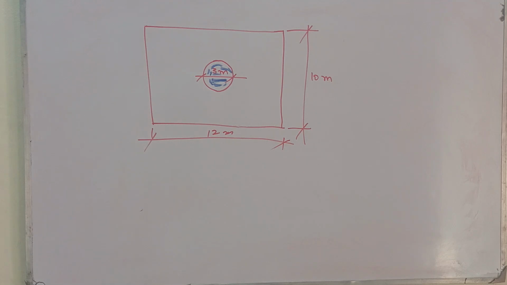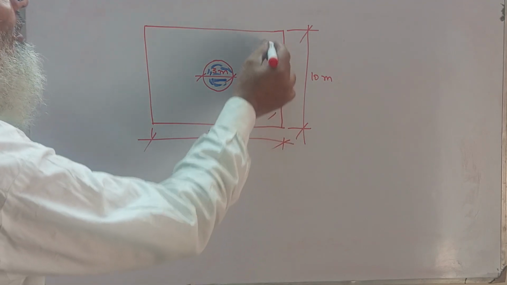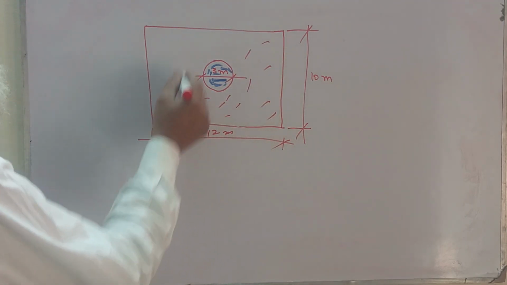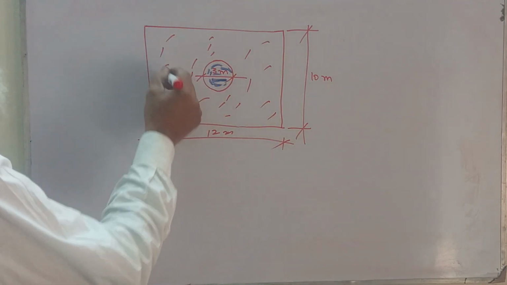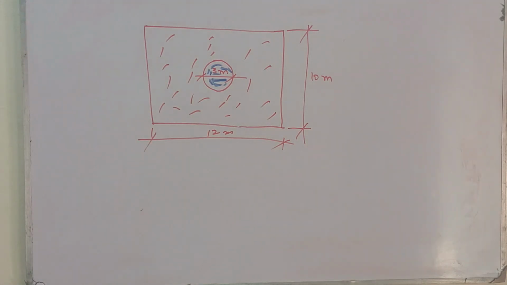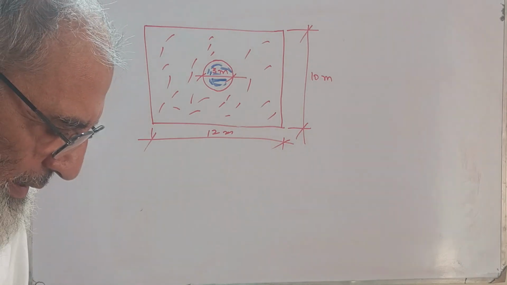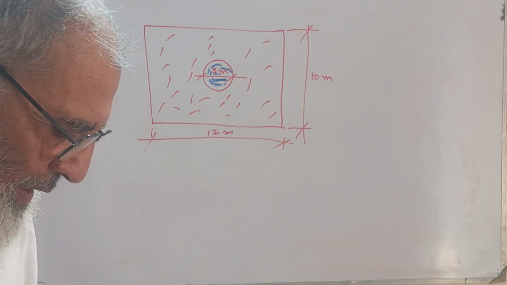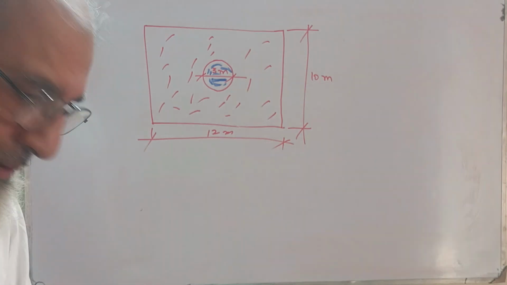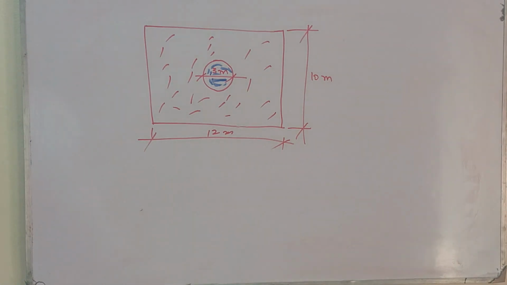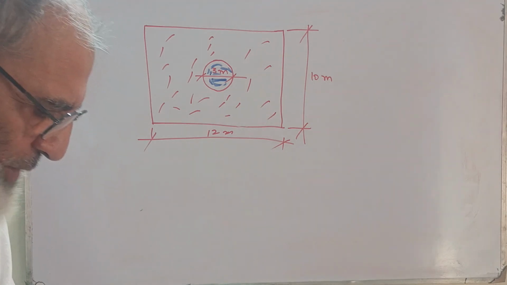Now, this is the rest of the area, all this. In the rest of the area, we have to plant grass. Now we also have to purchase the grass seeds. One bag of grass seeds covers 5 square meters of the lawn.